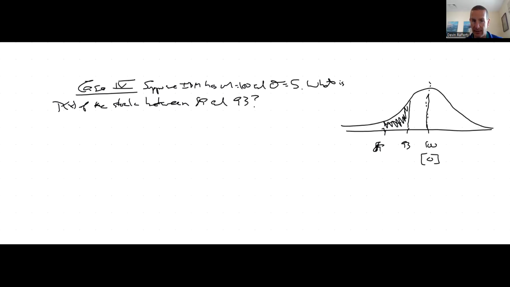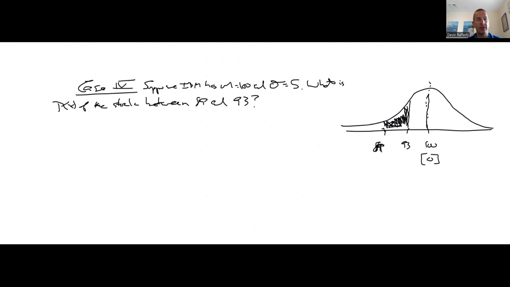Once we have those two areas, the black and white, and just the white, if we do black and white minus white, then you will end up with just this region right here. You'll end up with just the area between 89 and 93, which is exactly what we're looking for. Okay.